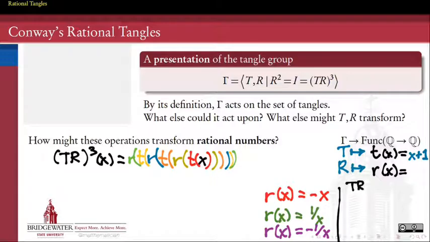So TR of x is R applied to T of x. And so the task for you for the next few minutes, and maybe I'll get you into, well, we have 3 examples. Yeah, all right. 3 examples and 4 of you, so maybe 2 of you who want to work together, is come up with a formula for R of T of x.